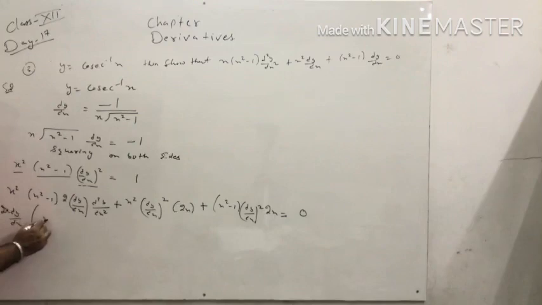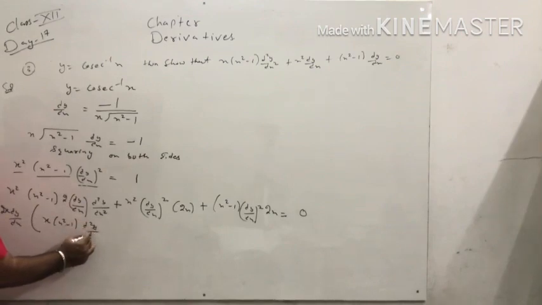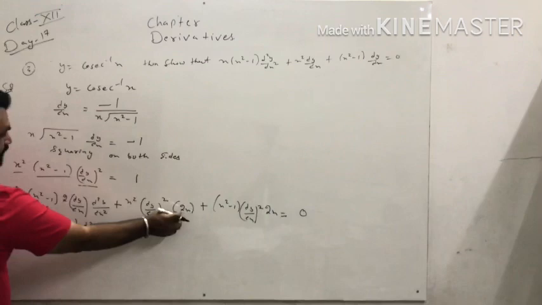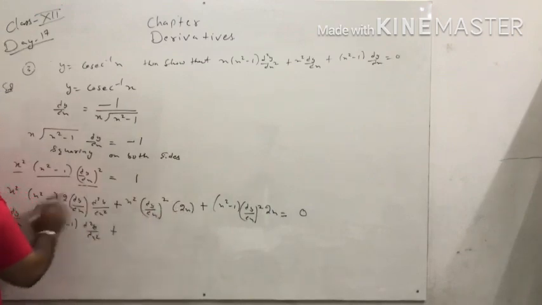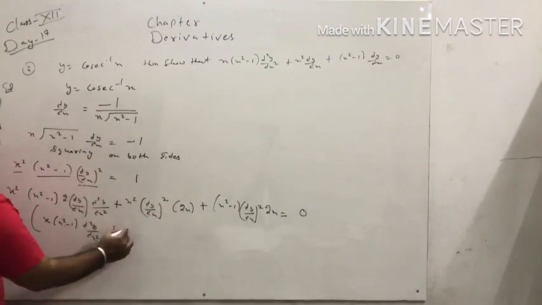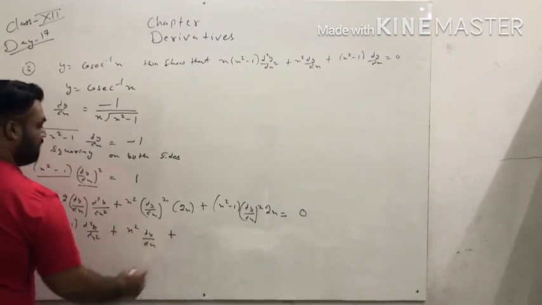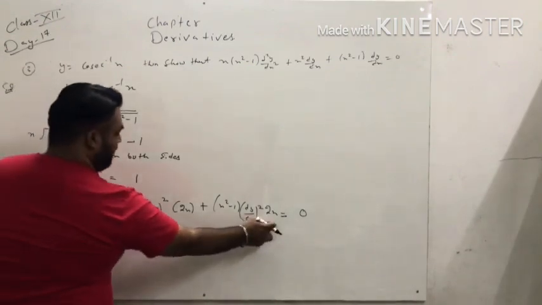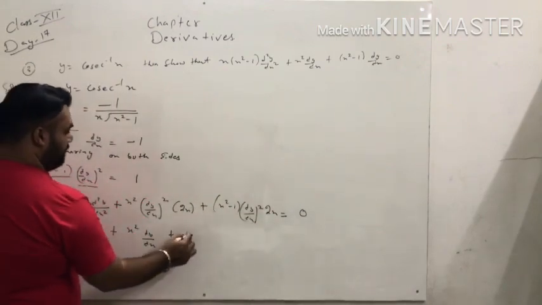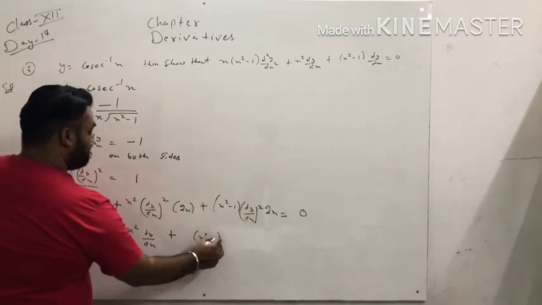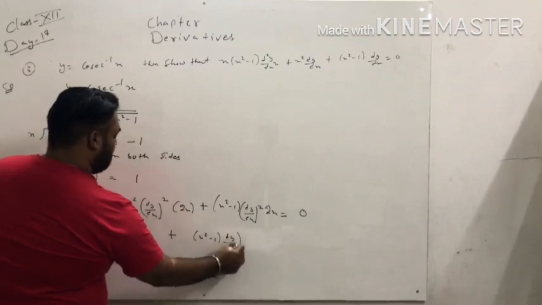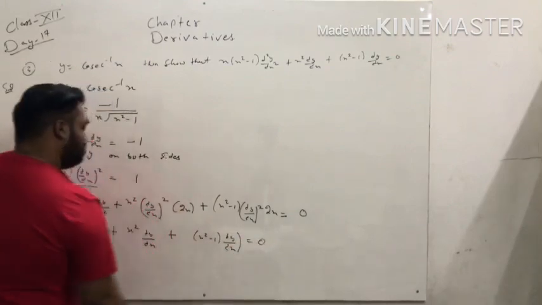So we are left with x square minus 1 d square y upon dx square, plus again 2x dy/dx common, so we are left with x square dy/dx plus again 2x dy/dx common. So we are left with x square minus 1 dy/dx equals to 0.